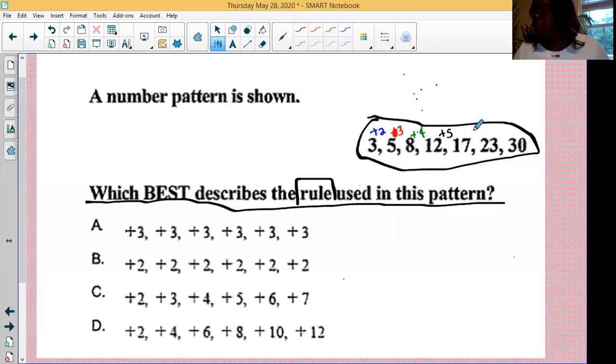Go ahead and subtract 17 from 23. And then you put your answer here. Exactly right. This would be a +6 right there. And the final one is 23 to 30. 30 take away 23 leaves what?